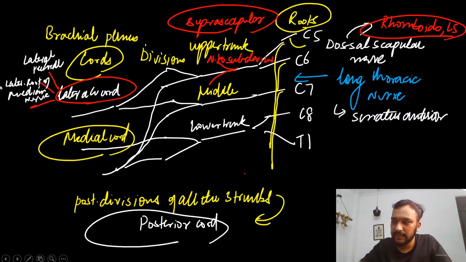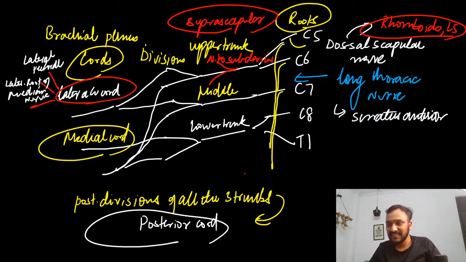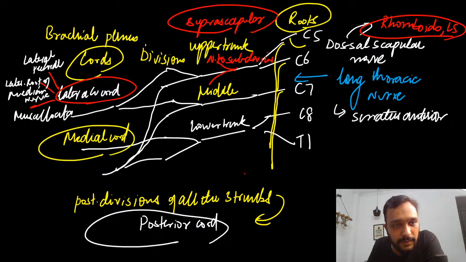Can anyone tell me in the comment section what is the third branch from the lateral cord of the brachial plexus? It is not medial pectoral nerve. The third branch is your musculocutaneous nerve, right?